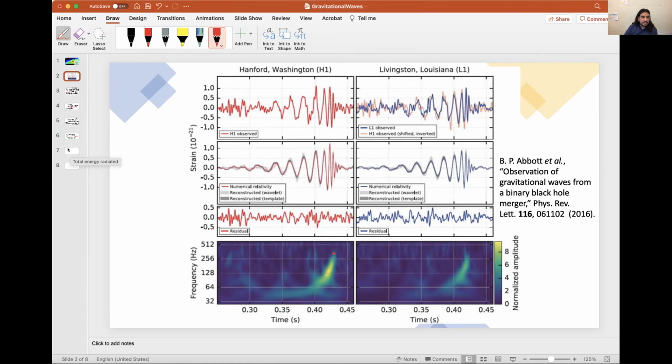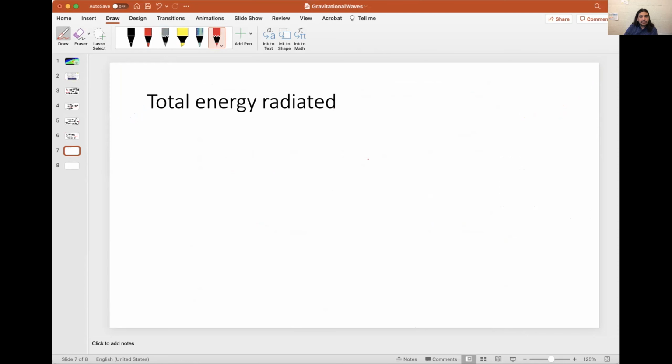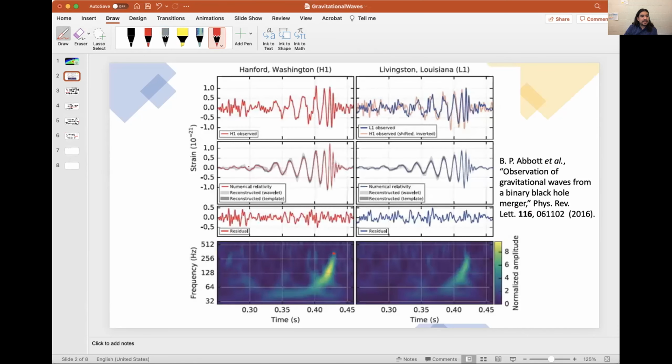All right, so another thing that could be done from the data is figuring out how much mass was radiated, the energy radiated during the event right here.